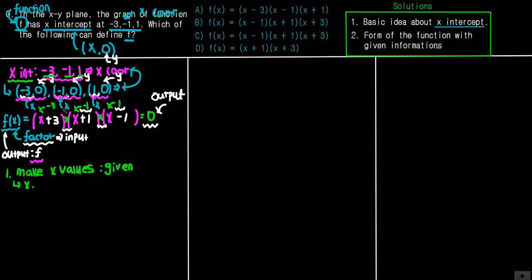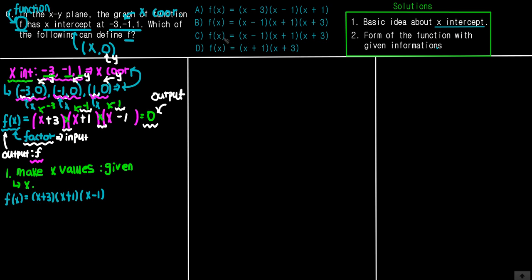And we obviously know that the output of our function is equal to 0. So if you write this down, because it is kind of confusing, f of x is equal to x plus 3 times x plus 1 times x minus 1. We don't have to write times. And this is our basic function.